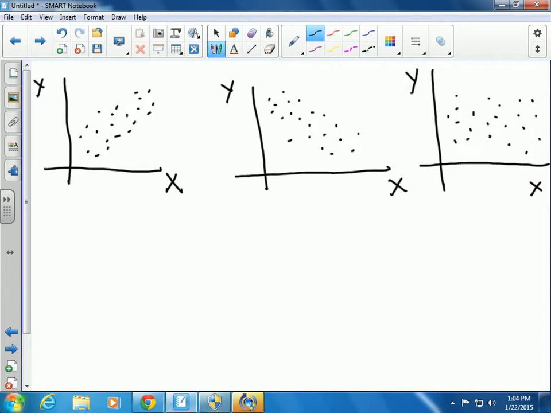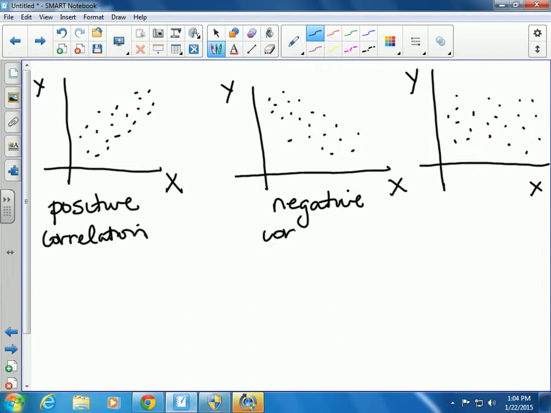This situation has positive correlation. This one has negative correlation. And this one really has no real correlation. So these are sort of extreme examples.